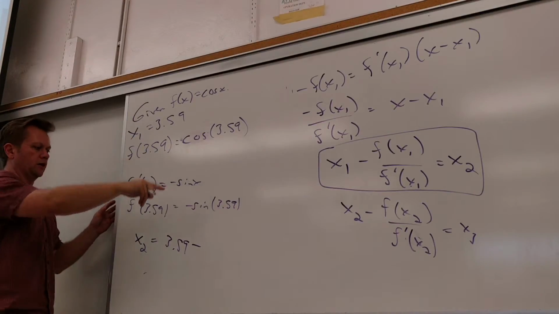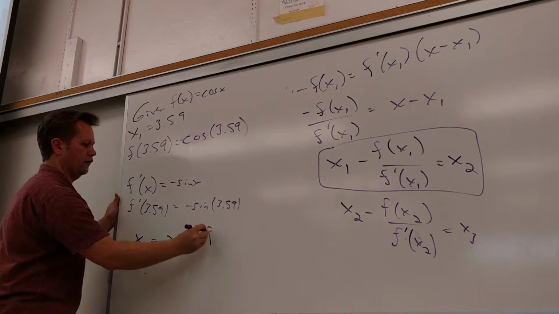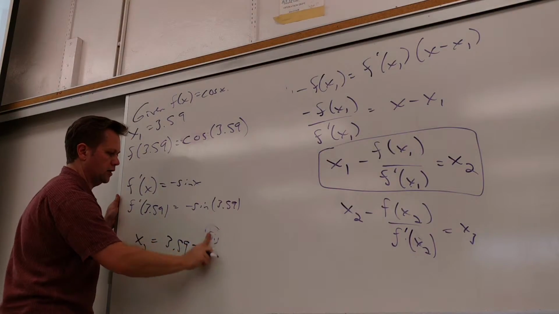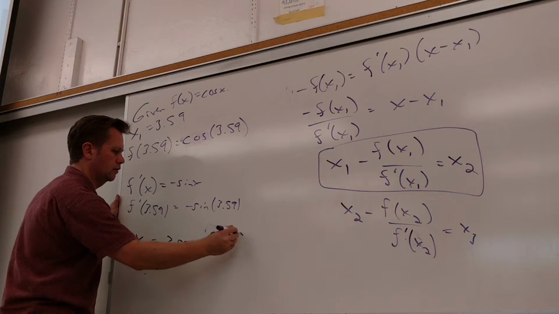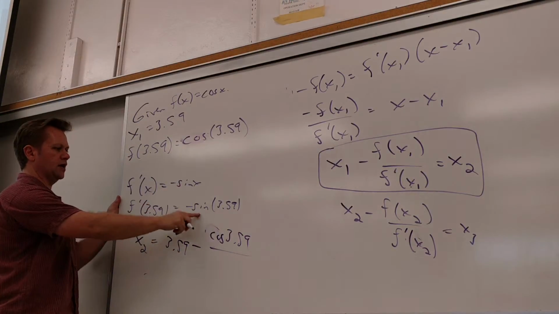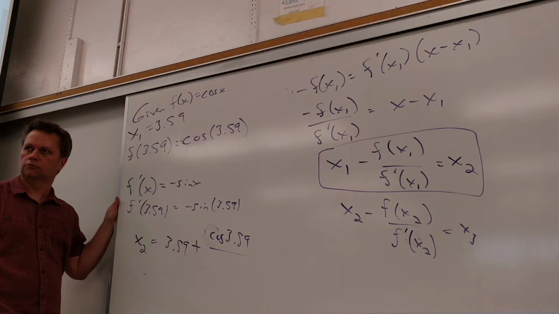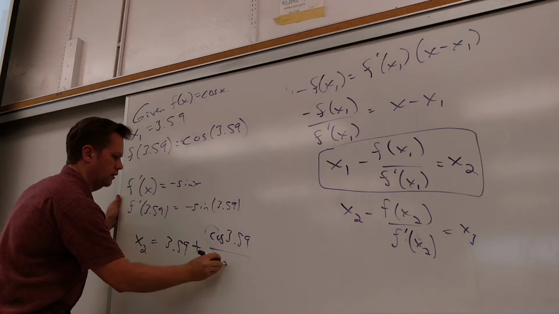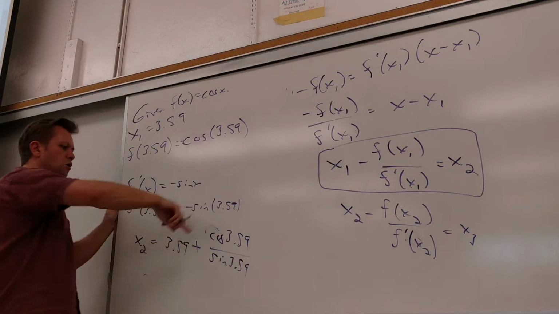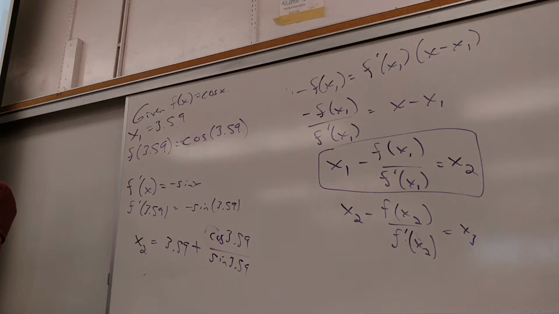So to get x2, I'm going to take x1 minus f, so this will be cosine of 3.59, divided by negative sine. So can I just make that a plus? Is that cool? Sine of 3.59. So this is really cotangent, if you want.